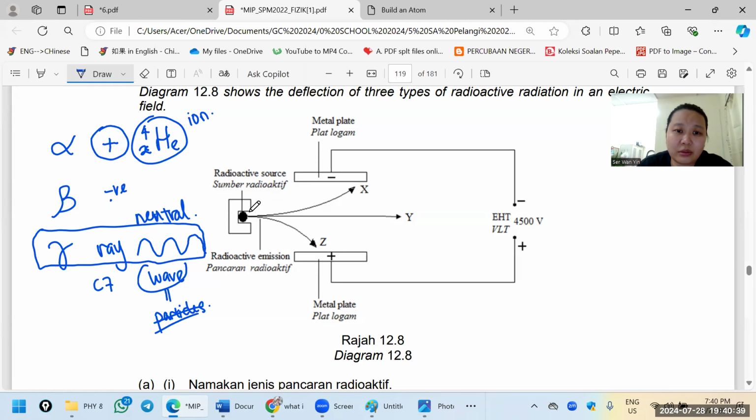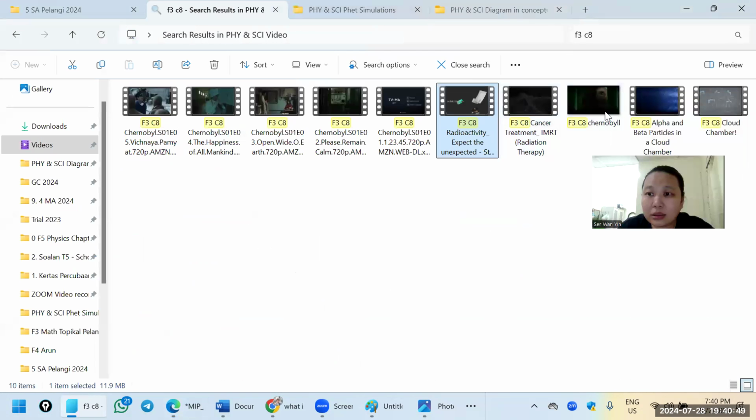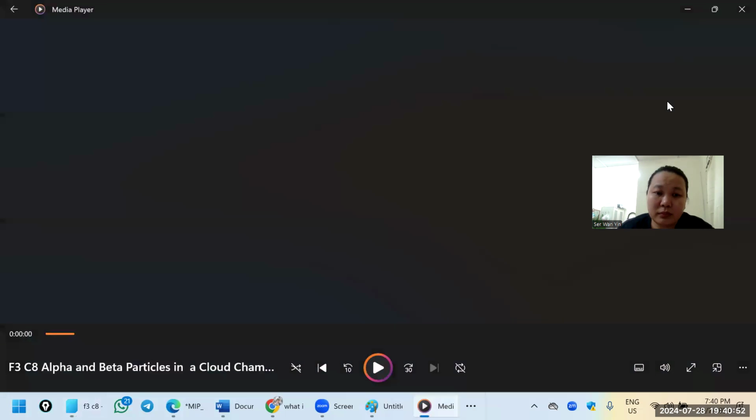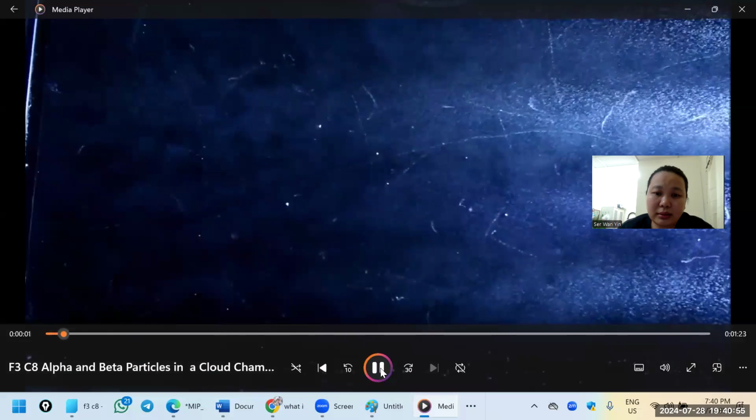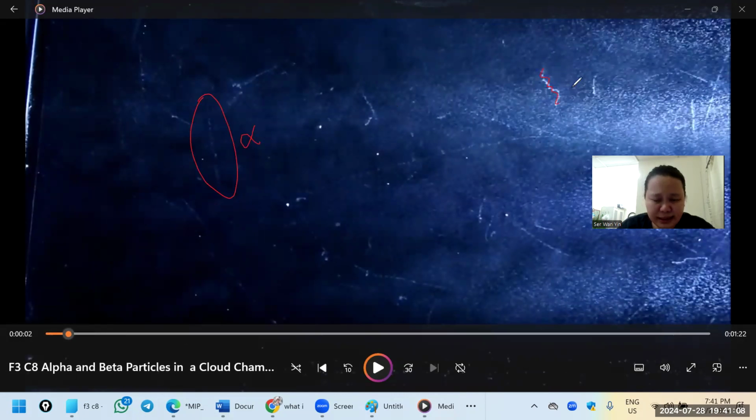So now from the radioactive source. So actually where does this one come from? I can show you that it actually comes from anything. Okay, so we can use this cloud chamber. We don't study that. You just need to know this solid straight line is alpha. Then this is beta, and the dots are gamma.